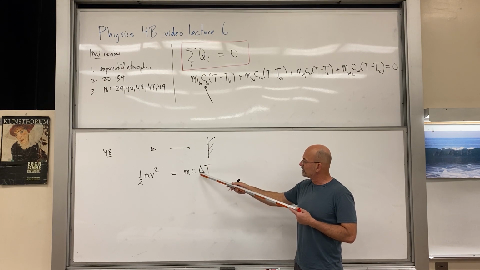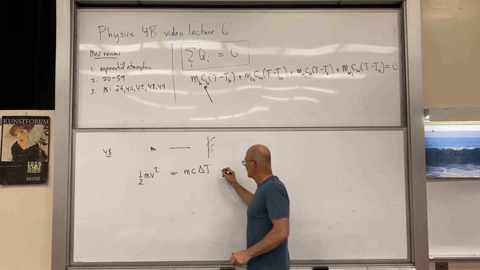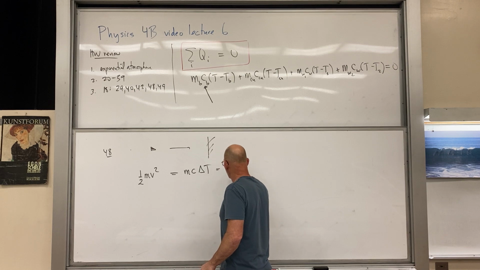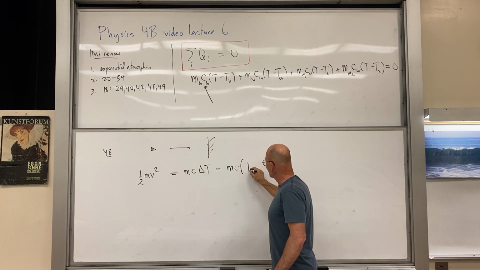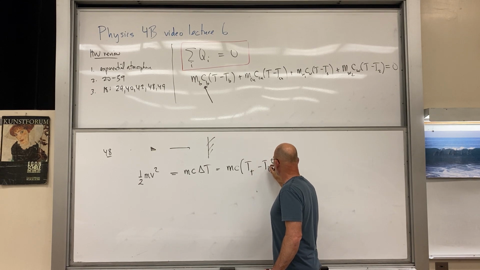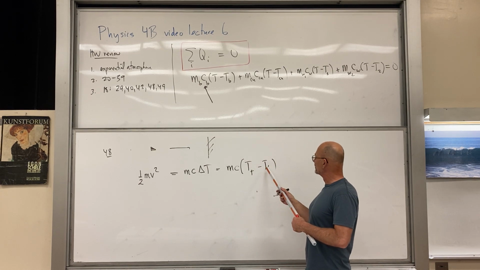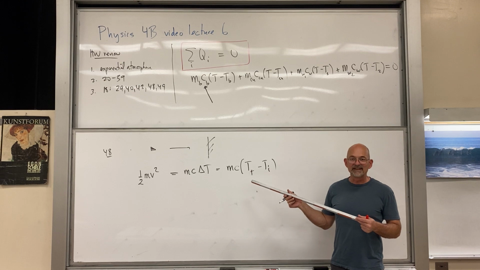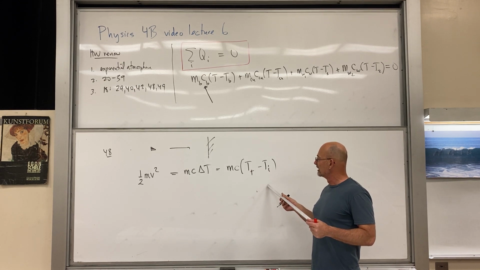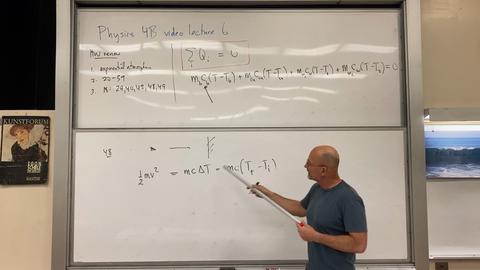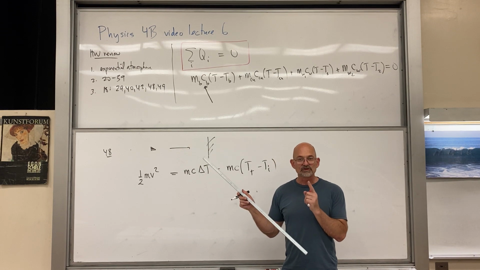And to be concrete about this, it was mass of the bullet, specific heat of whatever it's made of, and then that's T final minus T initial. The initial temperature was given, the final temperature was a melting temperature, so you had to look that up. Okay. And then that's again conservation of energy.